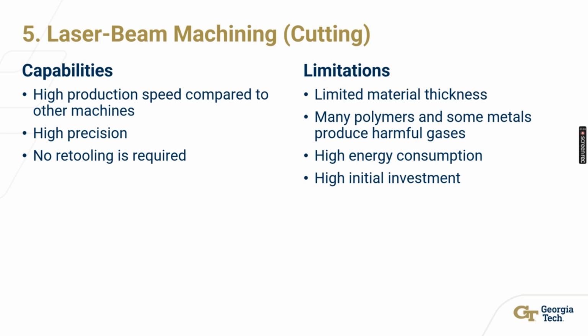For many polymers and some metals, harmful gases and fumes will be produced and will require controlled atmosphere processing. It requires high energy consumption, and it also has high initial investment costs.